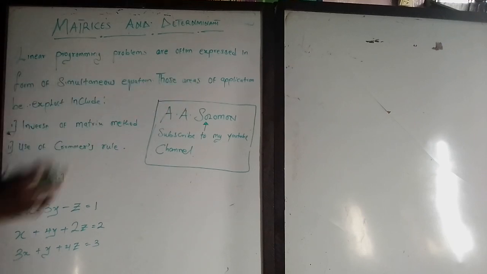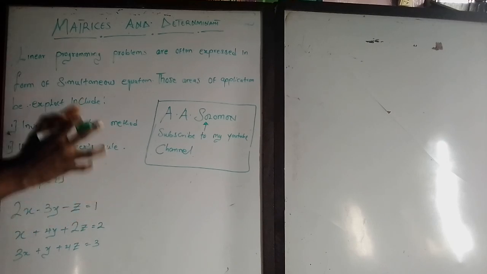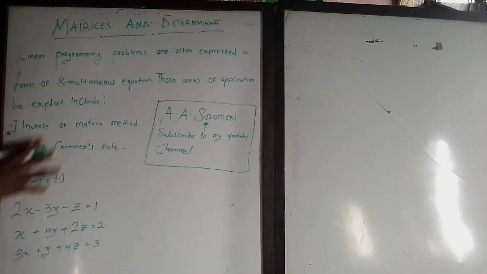Those areas of application being explored included the inverse of matrix method and the use of Cramer's rule. It's just like our normal simultaneous equation method. You know, we have the substitution method and the elimination method. So in matrix we have the inverse matrix method and the use of Cramer's rule.